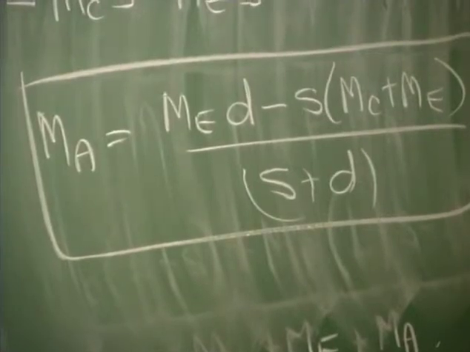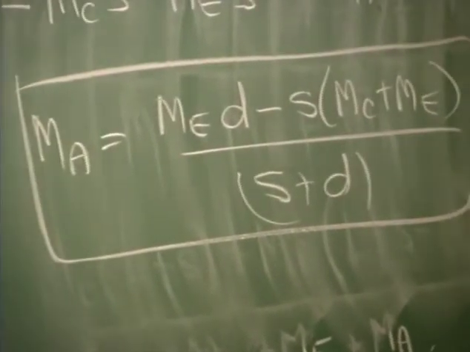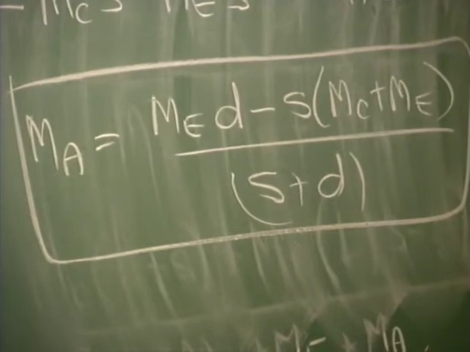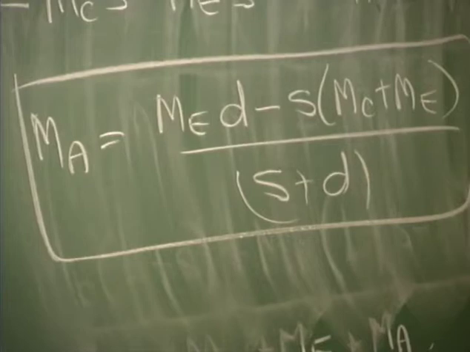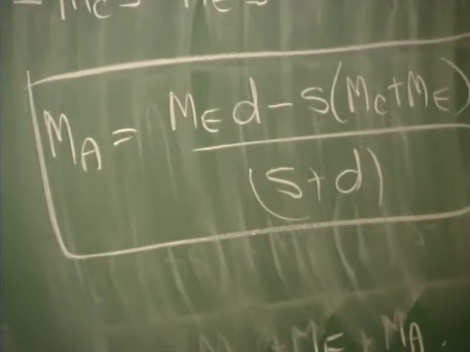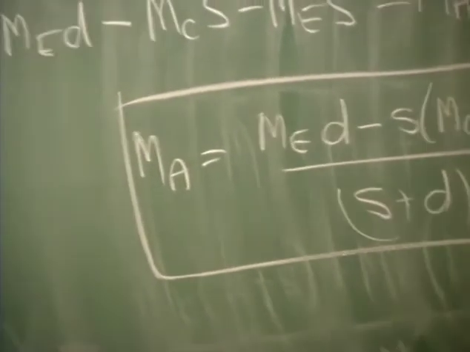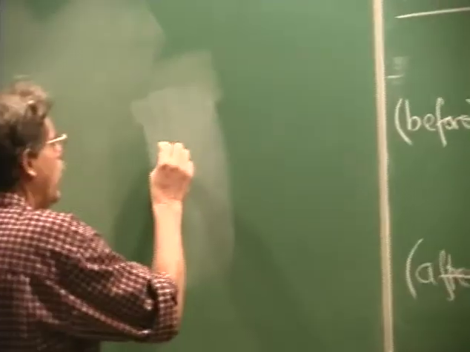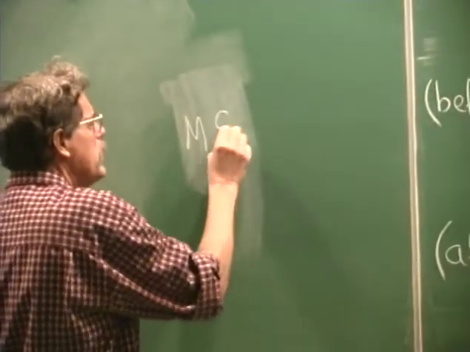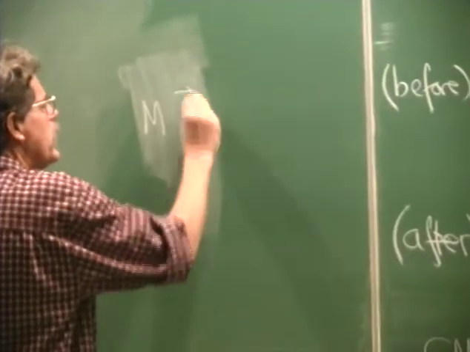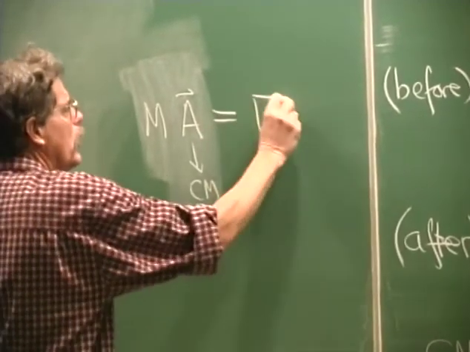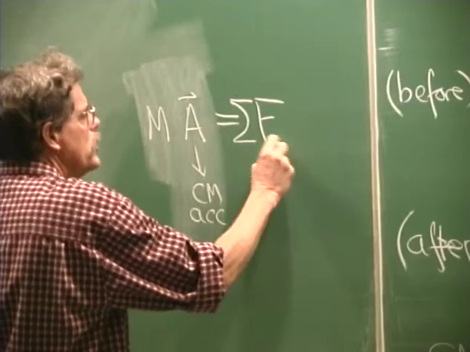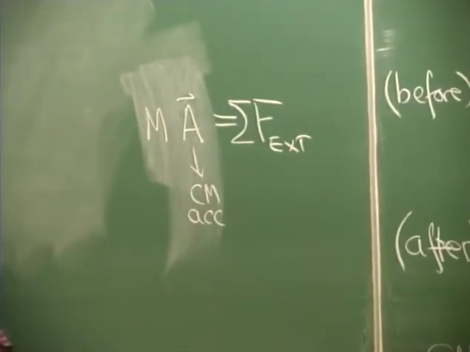So again, why does the center of mass not move? The center of mass does not move because there's no external force in the horizontal direction. And remember last time I derived this general formula, M, the total mass, times A, the acceleration of the center of mass, is equal to the sum of the external forces acting on it.